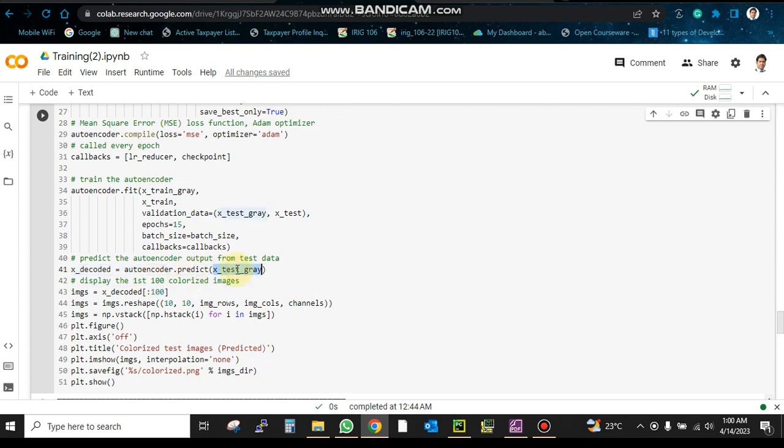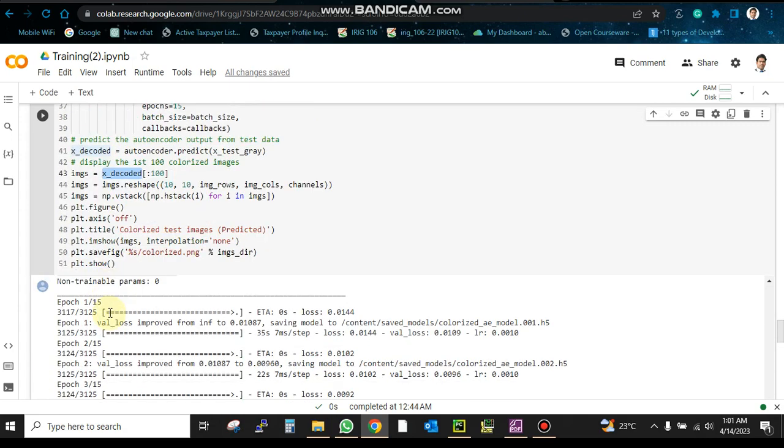This is the input we are giving to the trained model. The trained model predicts from the grayscale input image, so this is the predicted output. Then we get 100 images from that predicted output, and we show them over here.